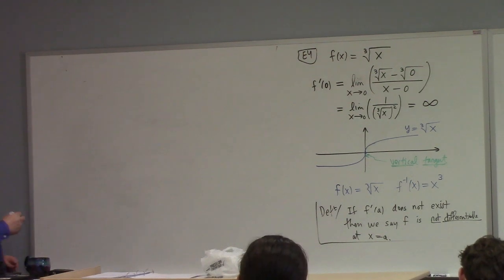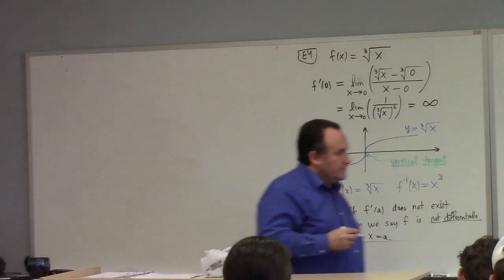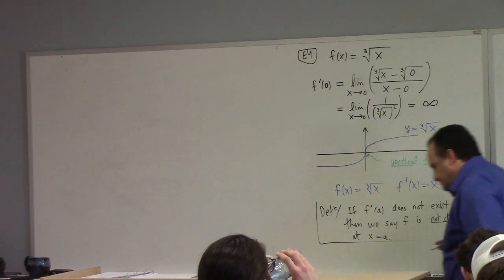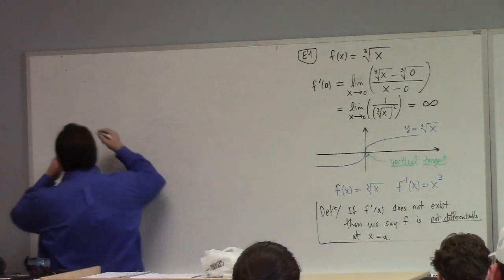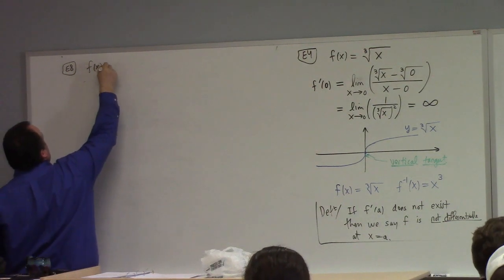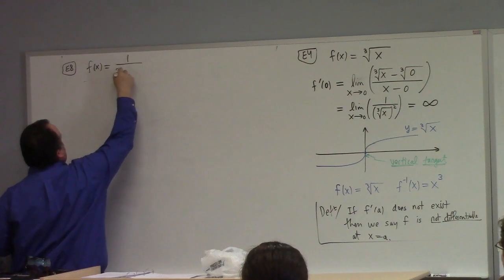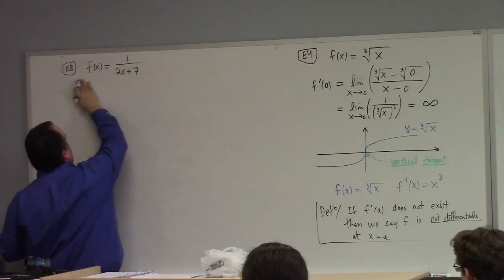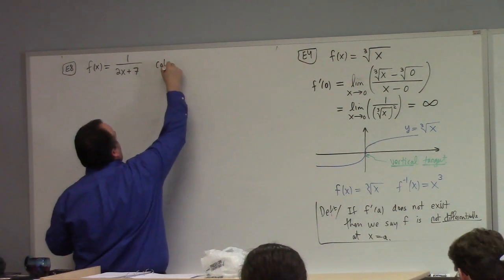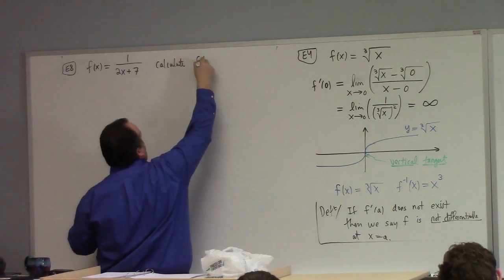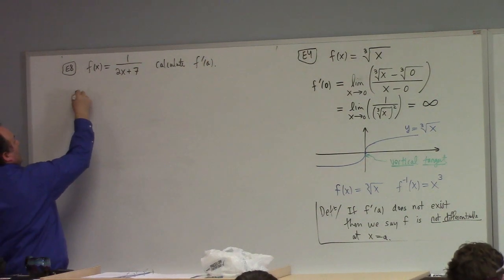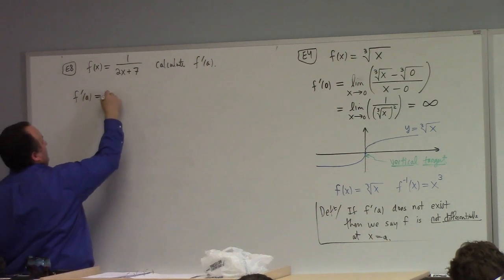So example 8. Here we go. Let f of x equal 1 over 2x plus 7. All right. Let's calculate f prime of a. F prime of a is the limit.